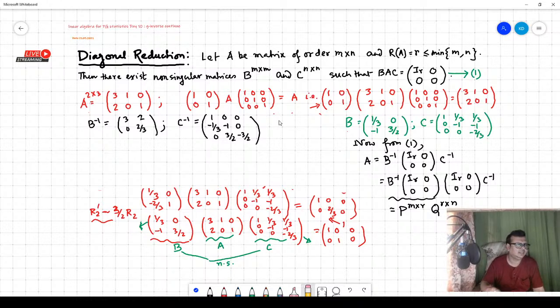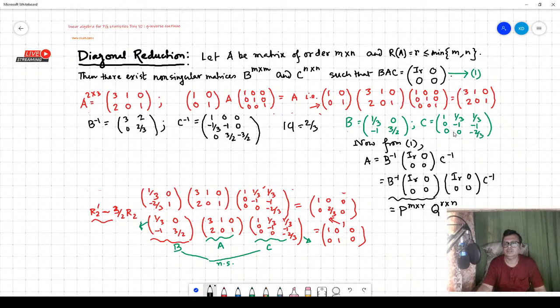So what is the adjoint of... I think it is 2/3 most probably. What is the determinant of C? This is an upper triangular matrix, so the determinant of C is 1 minus 1 minus 2/3, that is 2/3.